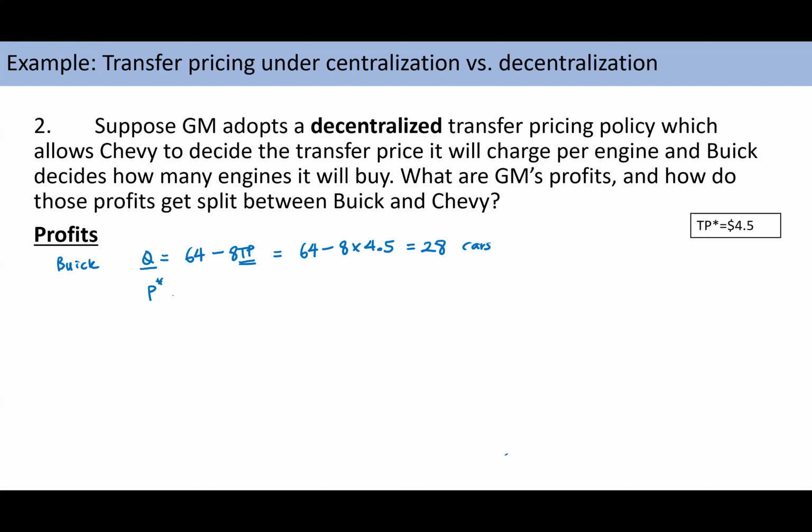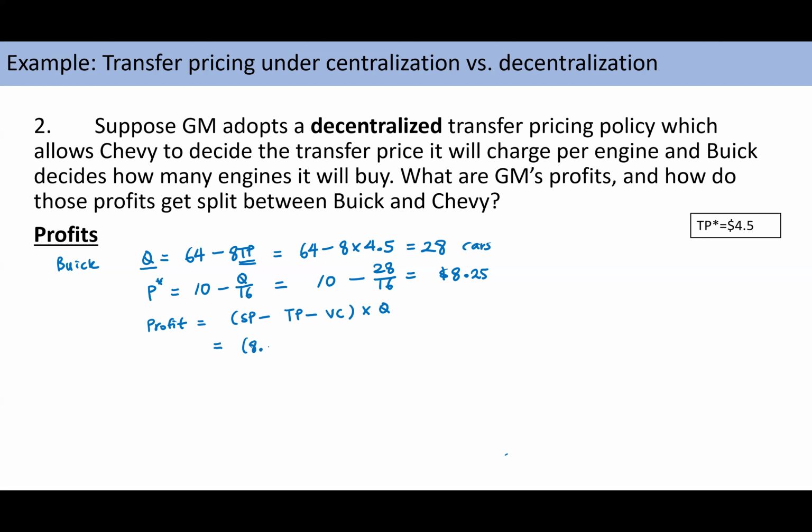And now that we know the quantity, we can find the price at which Buick will be selling these cars by using the original demand function of Buick cars, which was 10 minus Q over 16. Now we know the Q, that's 28 over 16. So Buick will be selling their cars at $8.25. So with that, Buick's profit would be equal to the selling price minus the transfer price minus the variable cost times quantity sold.